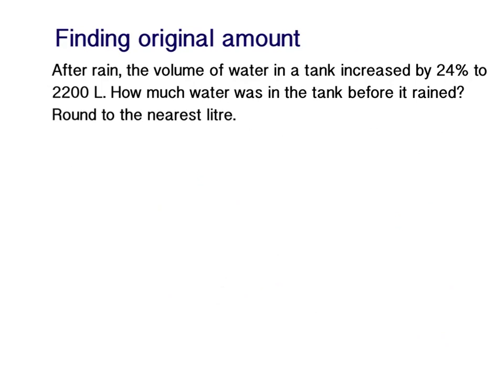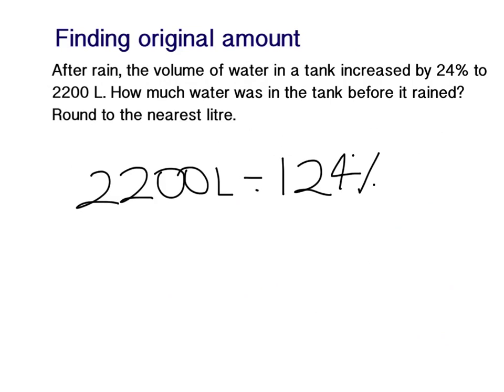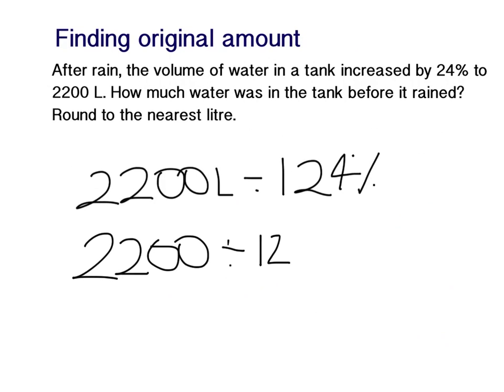If you think about it, 2,200 litres represents 124%, because there was the original amount and it increased by 24%. So all we need to do is divide 2,200 by 124%.